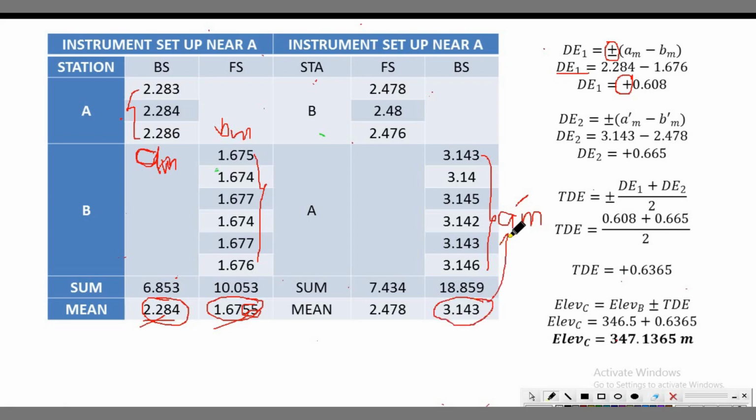Then B prime M, mean of the 3 consecutive rod readings on benchmark 2. So, this is my B prime M. Itong mean value na ito.